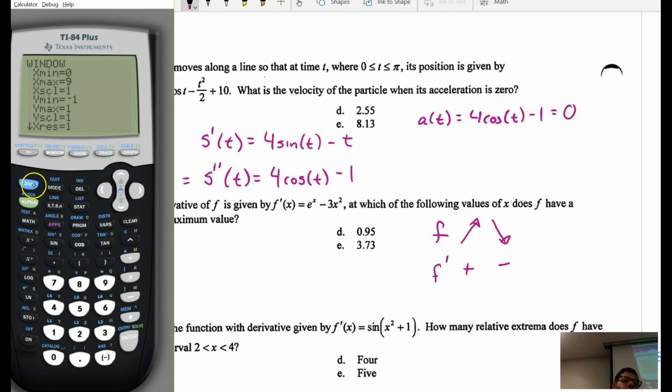That interval is given. What y values do I want to see? I want to see 0, so negative 1 to 1. And then graph. And there's the point that I'm looking for.